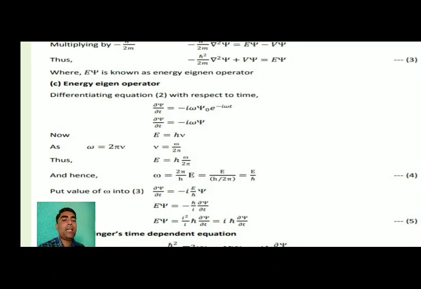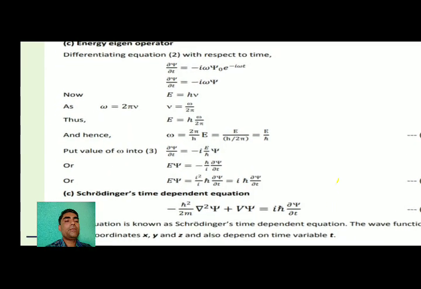But as we know that i square is equal to minus 1, the previous minus sign becomes plus. So it will be i h cross into del by del t of psi.